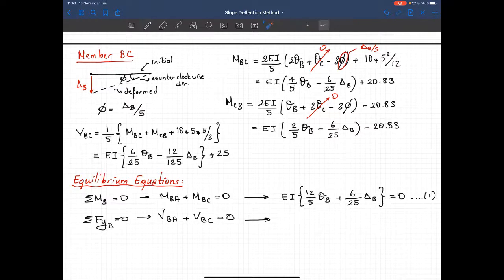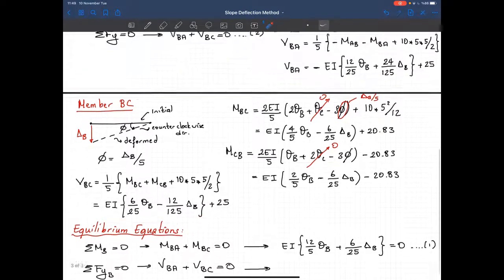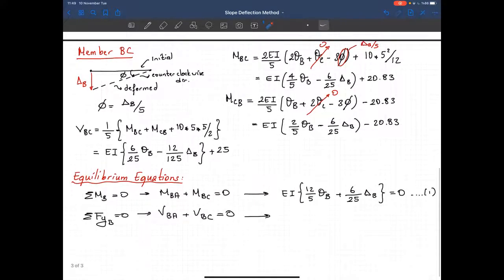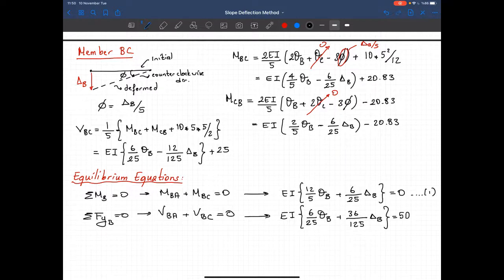And if you insert this expression and this one into this equation, we obtain the following: EI times 6 over 25 theta B plus 36 over 125 delta B must be equal to 50. And that's our second equation.